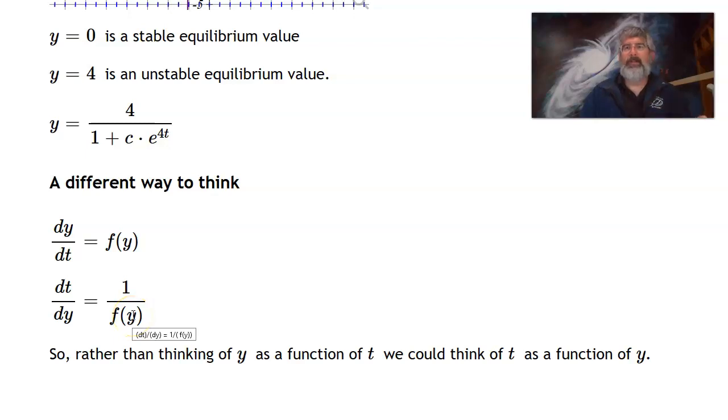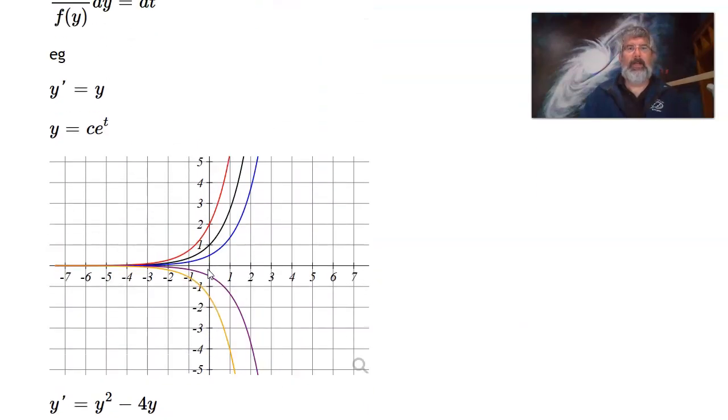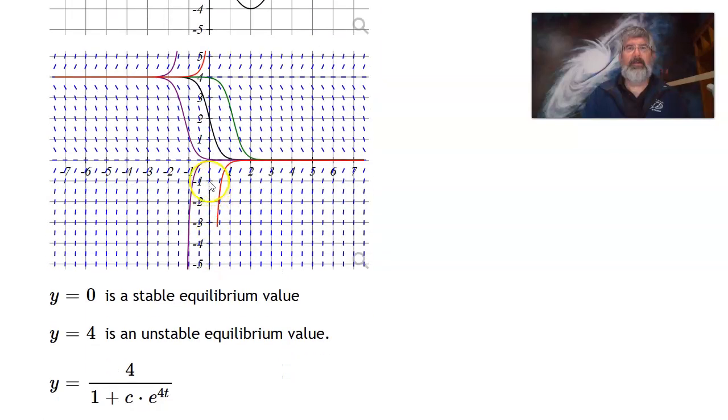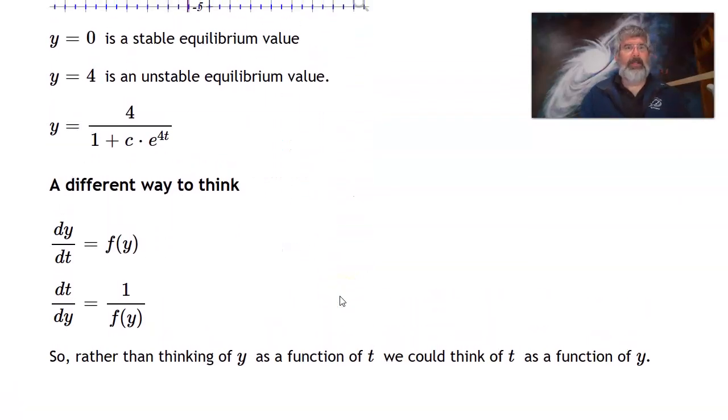And so you'd get the antiderivative plus c, and all of the solutions would look the same but shifted in the t direction, which is precisely what we saw up here and here. Every single solution looks like another one shifted over. Okay. All right, we'll have to do some more examples in the next video.